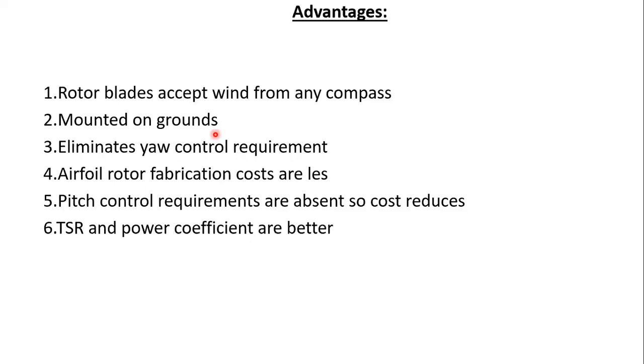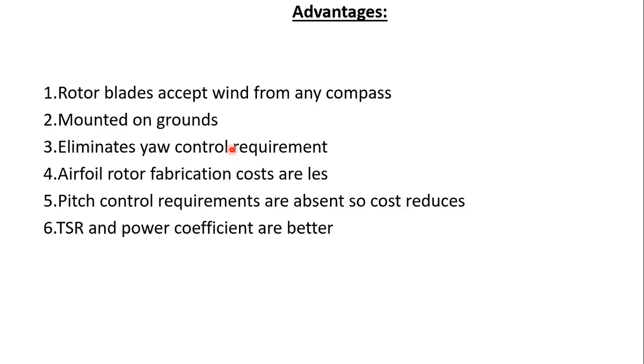And the next one is that it eliminates the yaw control requirement. As this machine has vertical axis symmetry, only because of this vertical axis symmetry it is eliminating the yaw control requirement.